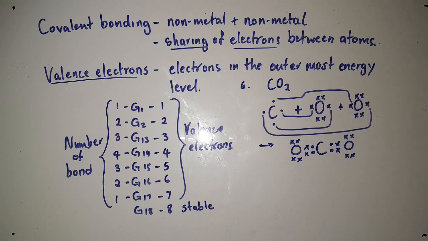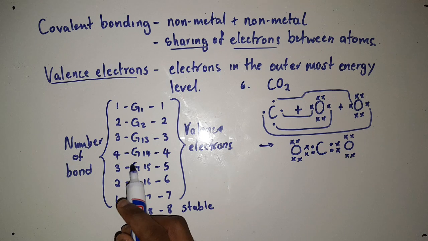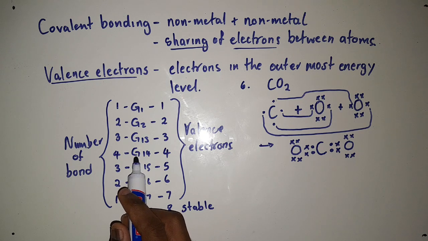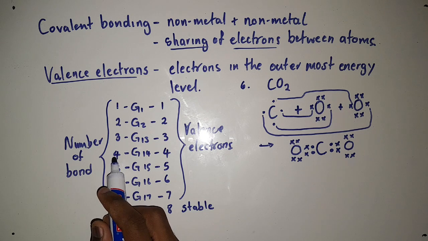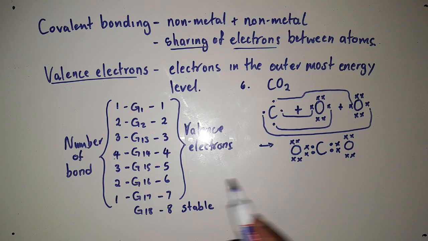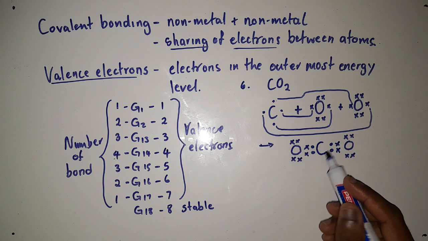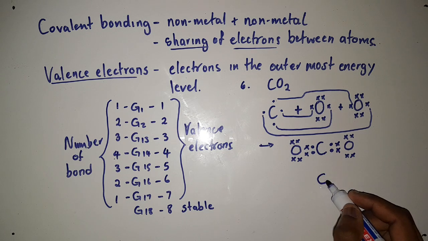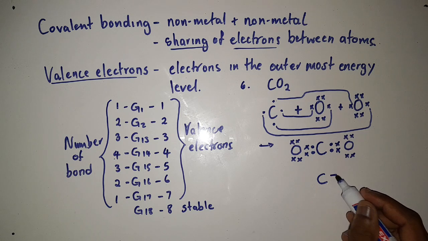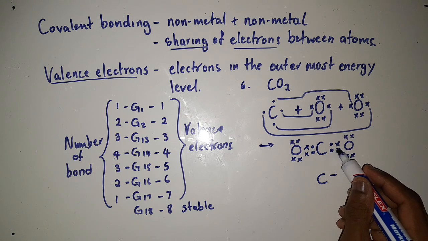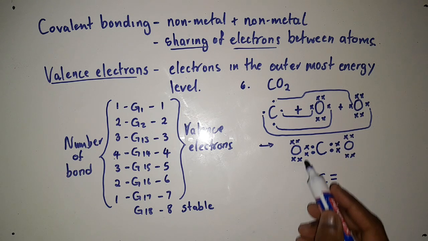See? It's so simple. Let us go back to our table now. Check. For carbon, we get 4 bonds, which is true if we were to check here. By saying now 2 of these represent a bond, 2 of these are another bond.